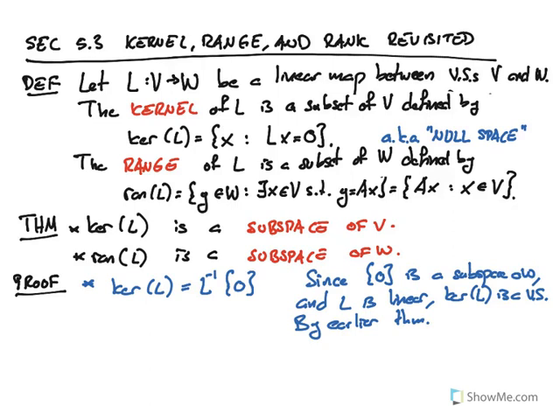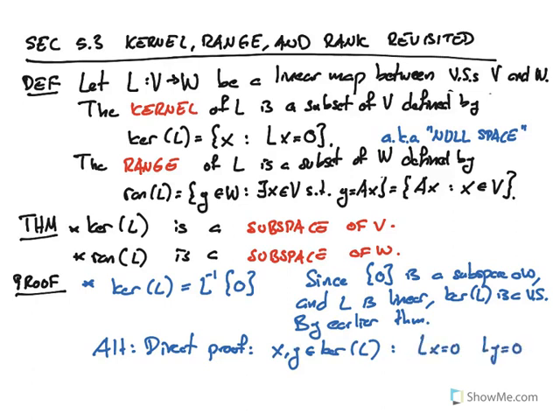Alternatively, we could do a direct proof. So for instance, to prove that the kernel is closed under addition, if we have x and y in the kernel of L, this means that Lx is equal to 0 and Ly is equal to 0.